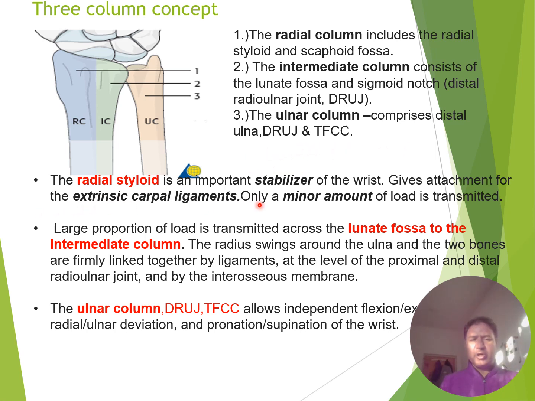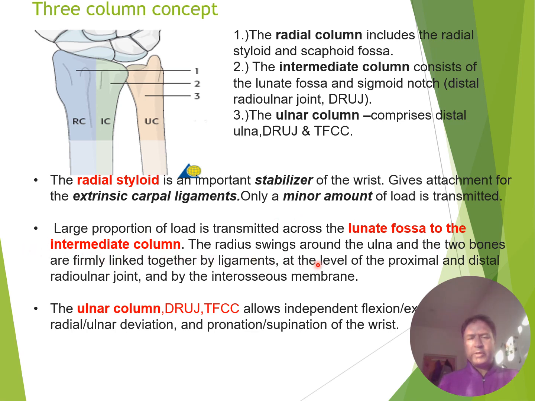The radial styloid is an important stabilizer of the wrist and gives attachment for extrinsic carpal ligaments. Only a minor amount of load is transmitted there. A large proportion of load is transmitted across the lunate fossa to the intermediate column.